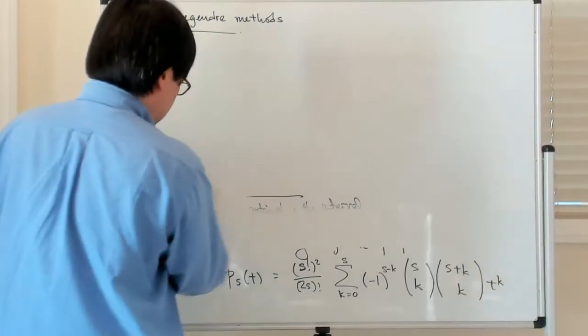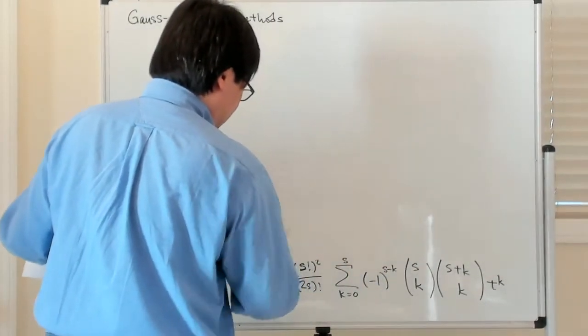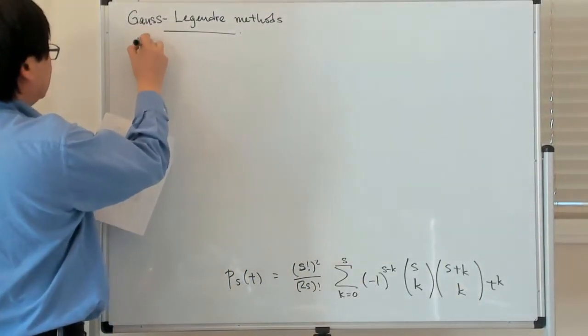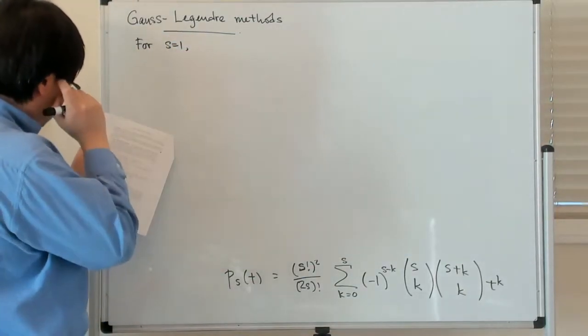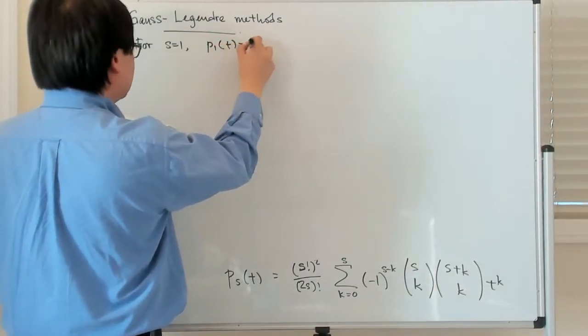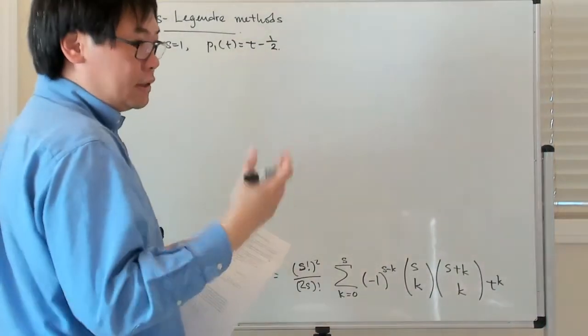Okay, so I'm just going to leave this formula up for a little bit. So for s equal to 1, this orthogonal polynomial p1 of t is just given by t minus 1/2. So that immediately tells you that it's just a linear term.